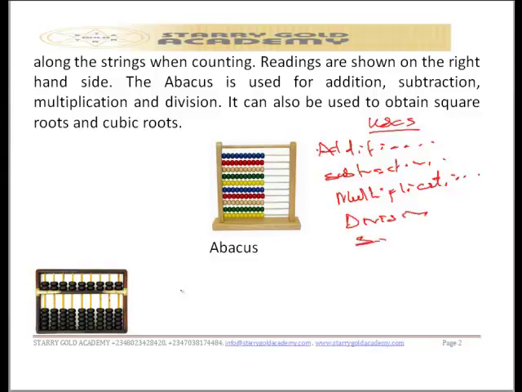For square root, we can use it to calculate the square root. And it could be used to calculate cube root.